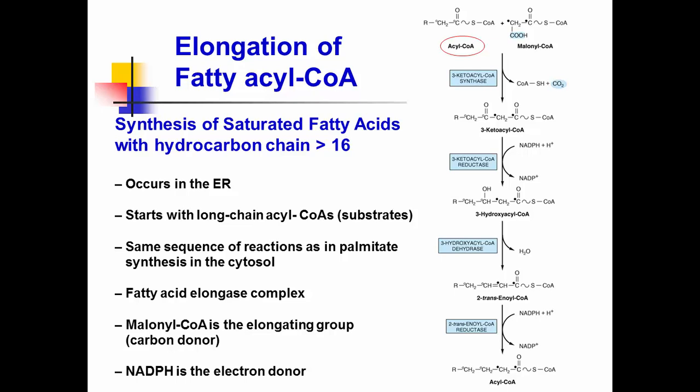That's why you need a different enzyme system to do the elongation reaction. So you basically add carbon to the unsaturated fatty acids, right? For saturated fatty acids, you are only able to go to 16 carbons.